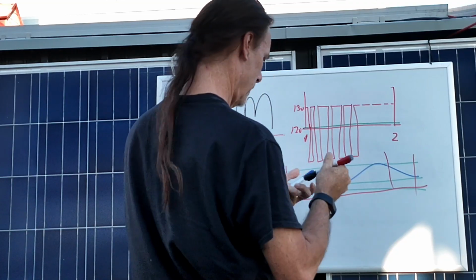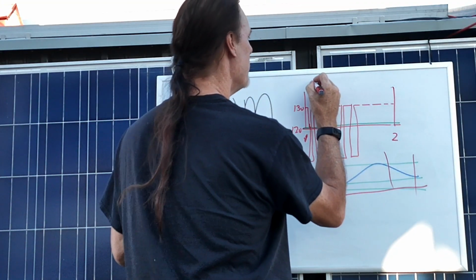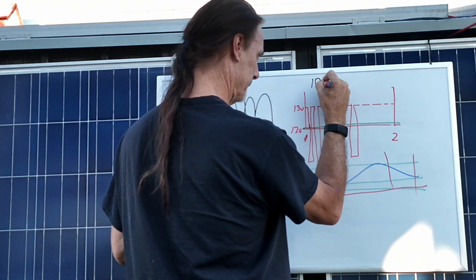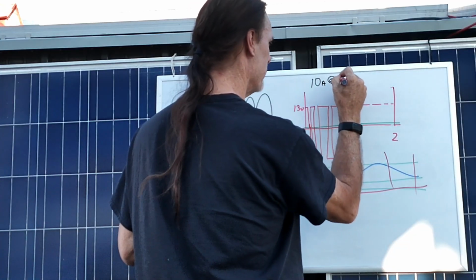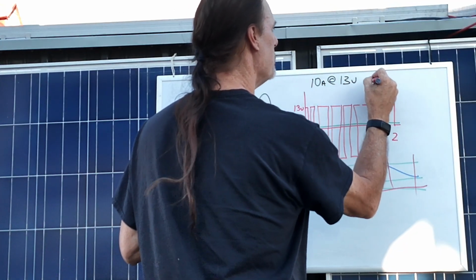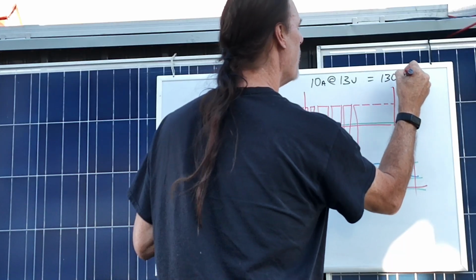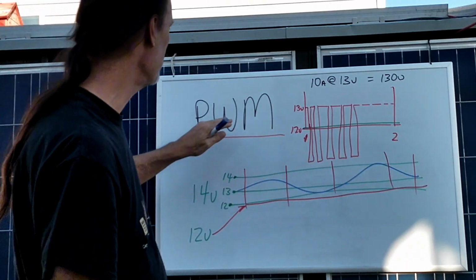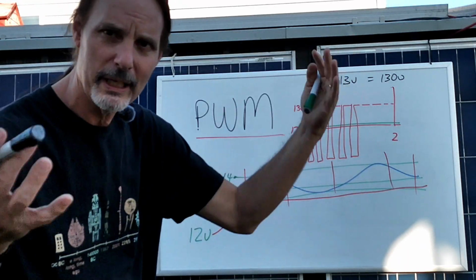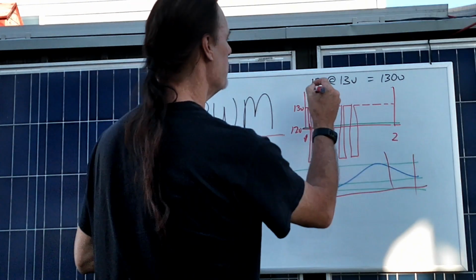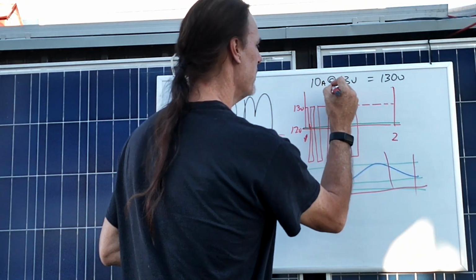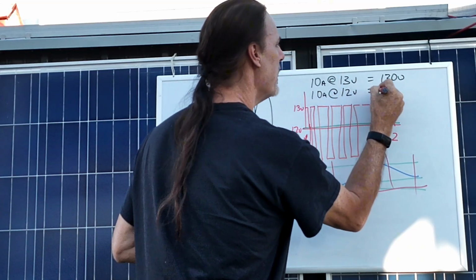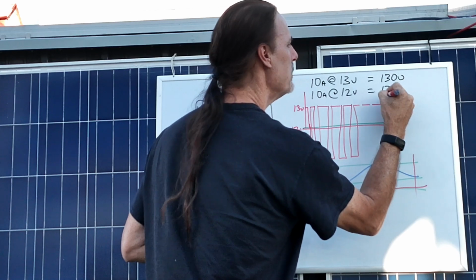Let's do it with a different color here. You have power coming in at 13 volts, and you want to trim it to 12, and you have 10 amps at 13 volts. That means that you have 130 watts of power coming in. But because you're going to do this modulation of the power and bring it down to 12, that means that you're going to trim off this and make this 10 amps at 12 volts, and you're only going to end up with 120 watts.